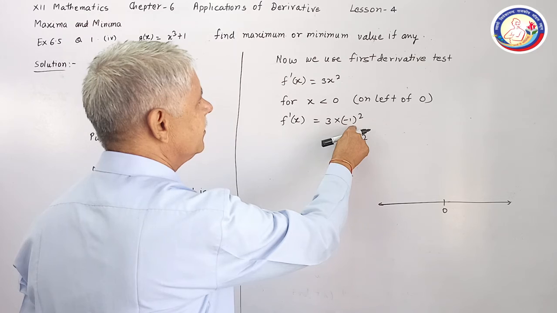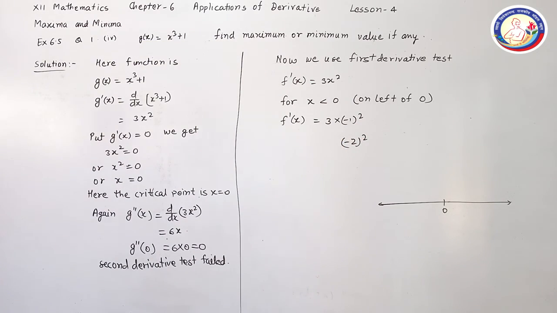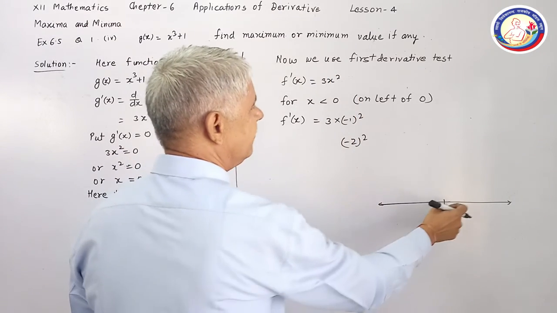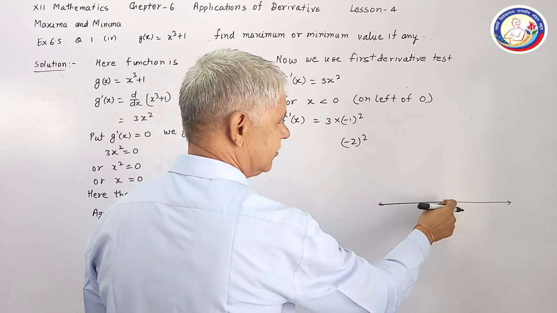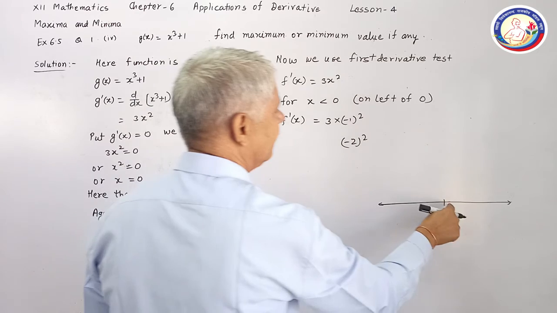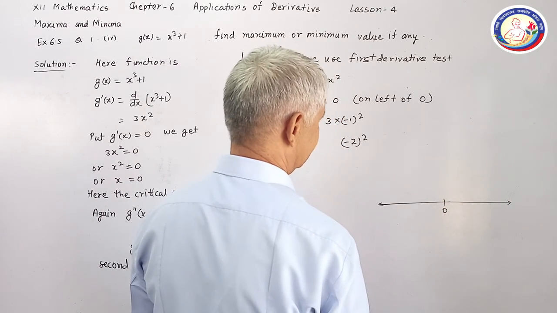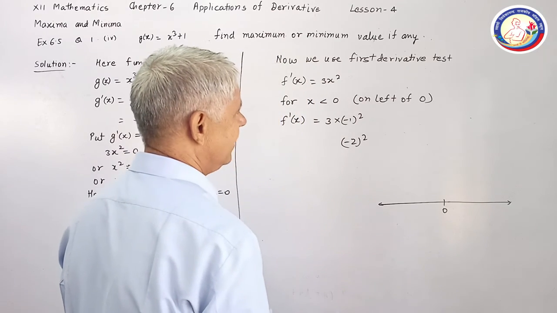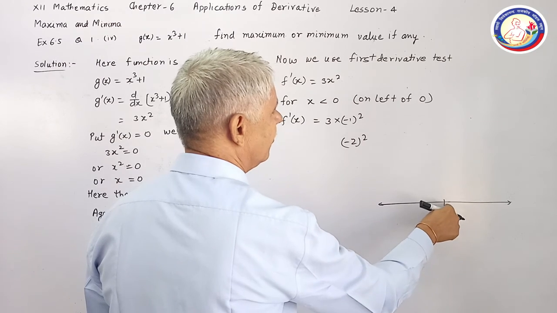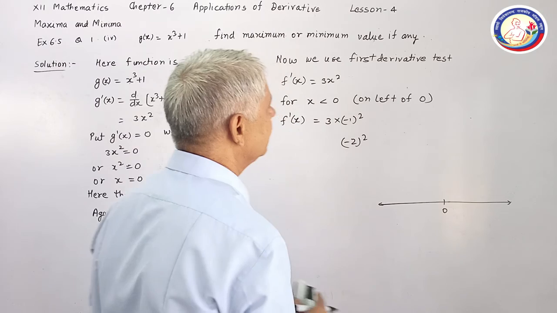What will be the sign of this? X square will be always positive, whatever may be the value. If the value is less than 0 or on left of 0, this derivative will be positive, and on right of this 0, where x is positive, 3x square is positive. And if we take negative values or values on left of 0, it is again positive.